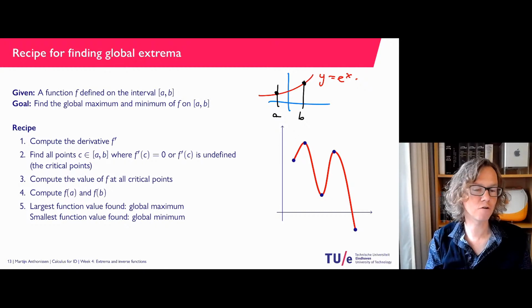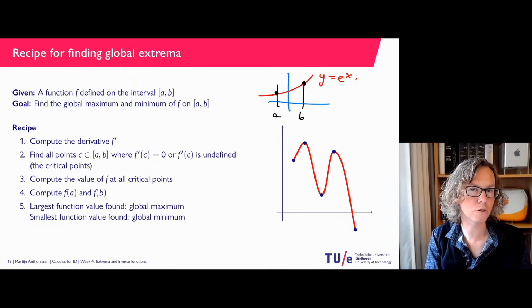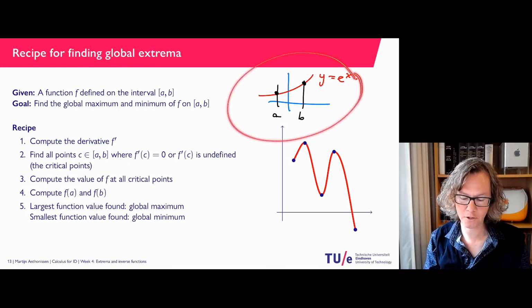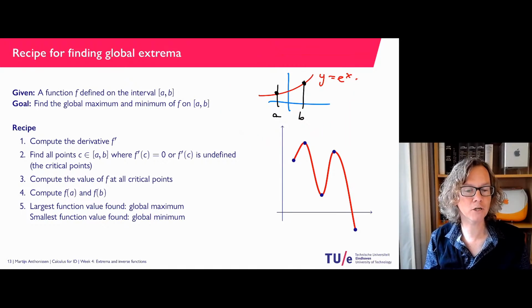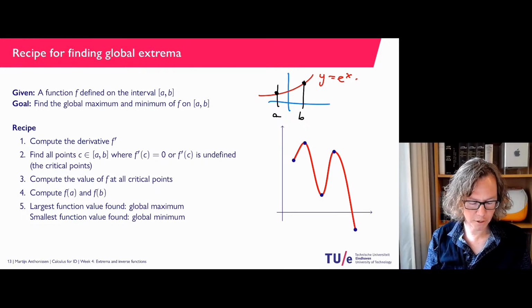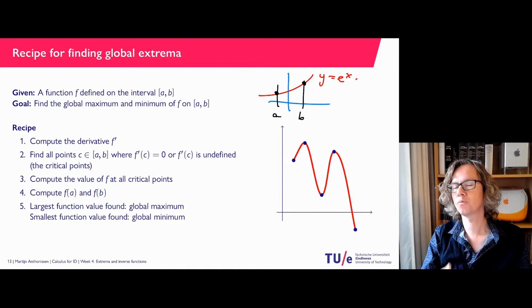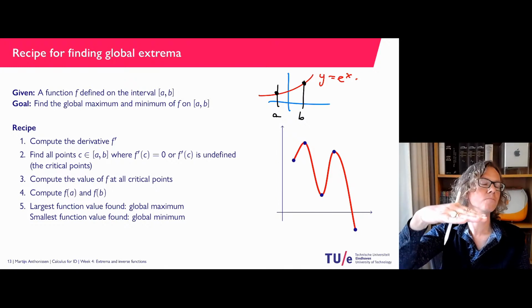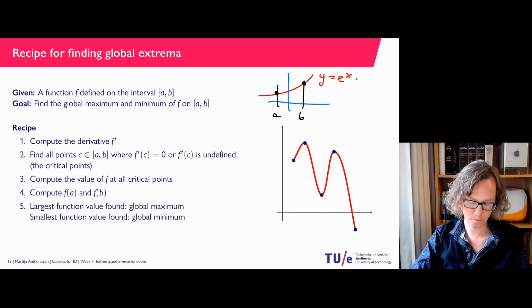And the derivative is defined everywhere, but it never becomes 0. There are no critical points here. So for such a situation, the extrema, minimum, maximum are at the endpoints. And basically the largest function value, so you compute f at those points. The biggest one is the maximum, smallest one is the minimum. So that's how it works if you want to have just global maximum, global minimum, one value.